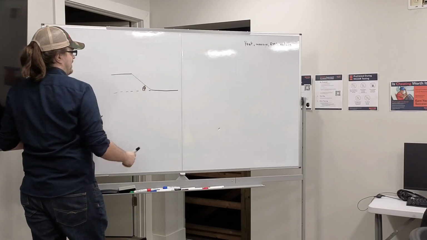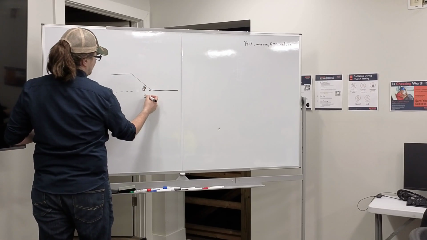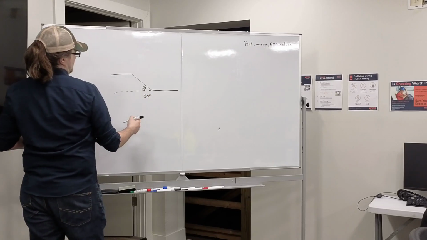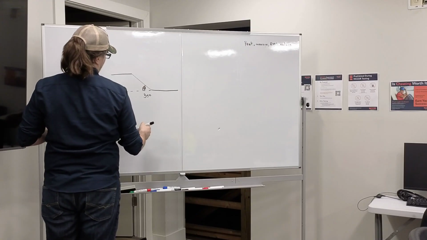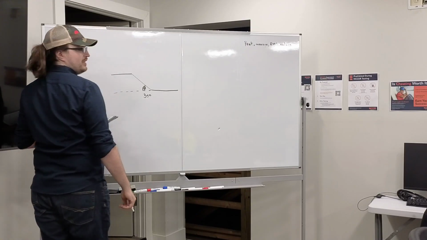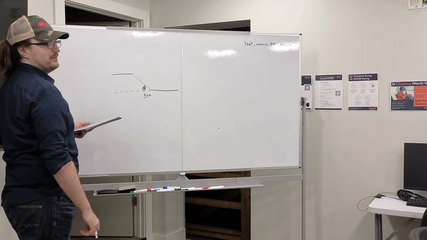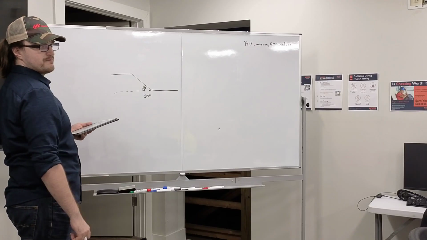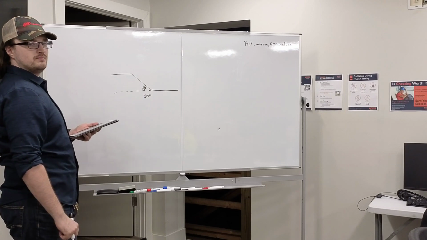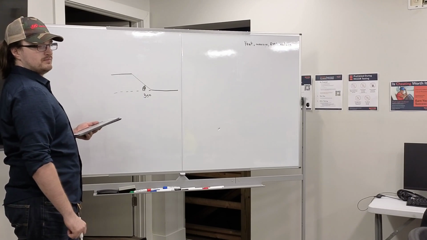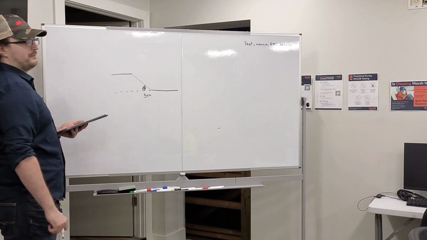So here, phi is going to be 30 degrees. And the way this works is, bust out the calculator, give me sine of 30. Sine of 30?